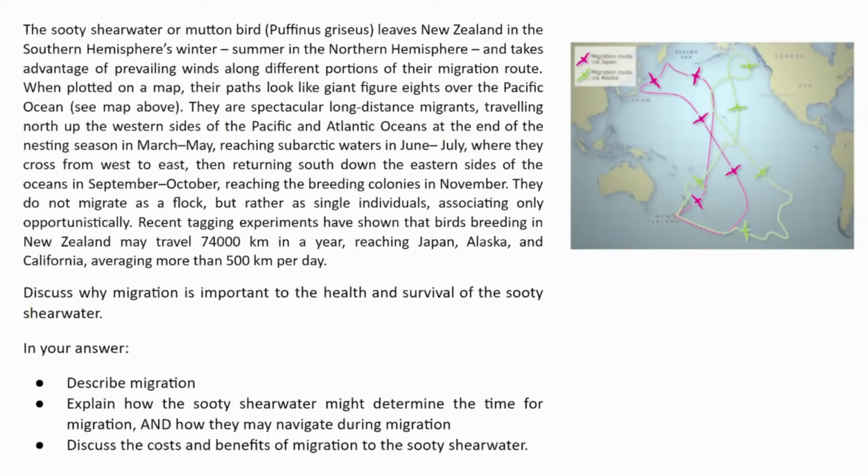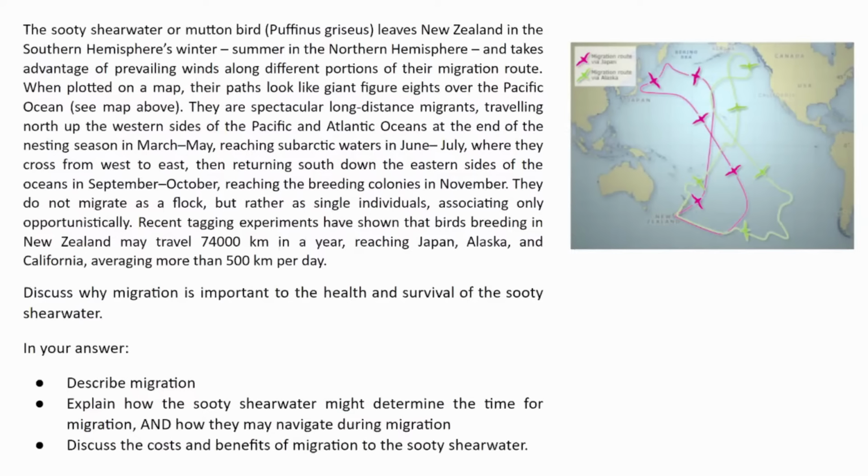So notice they use that word may, meaning they don't expect you to get it right, but to use some kind of justifiable reason. So for example, you probably wouldn't talk about them navigating using ocean currents because they're in the air, okay?